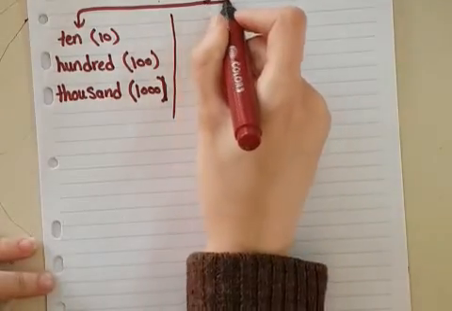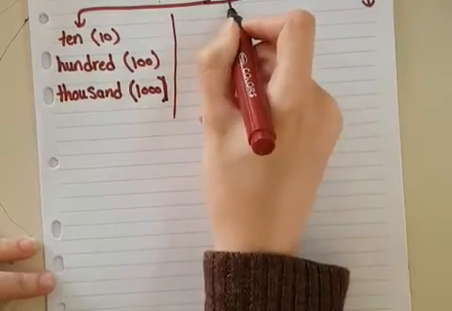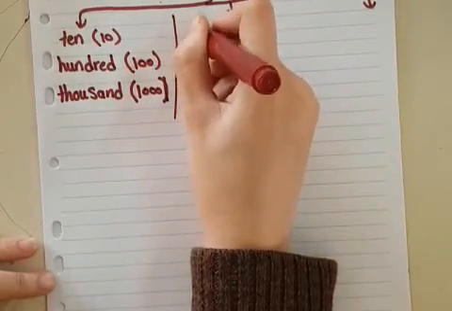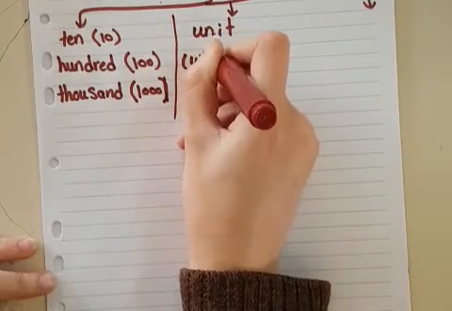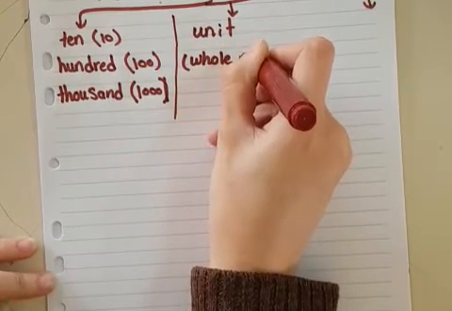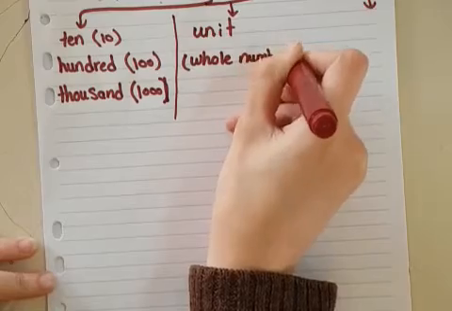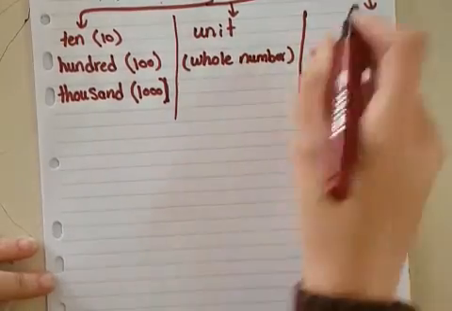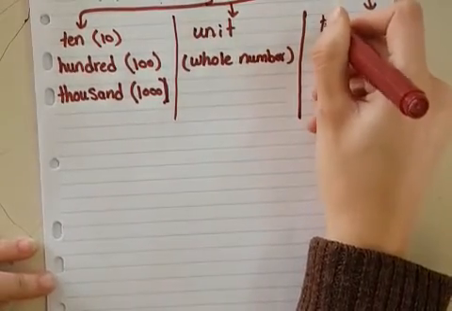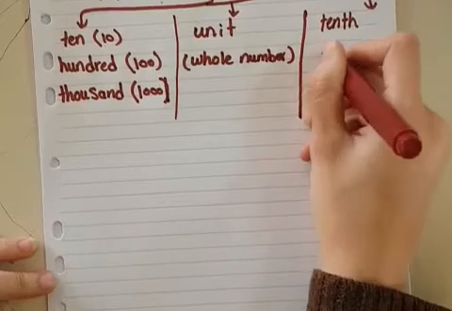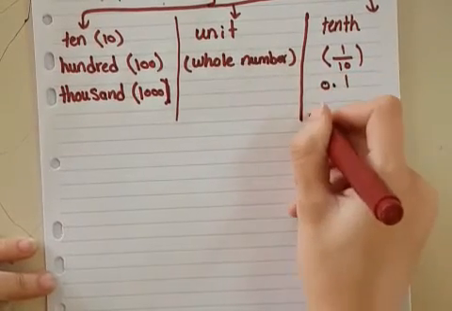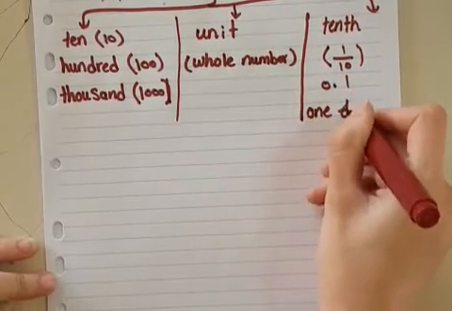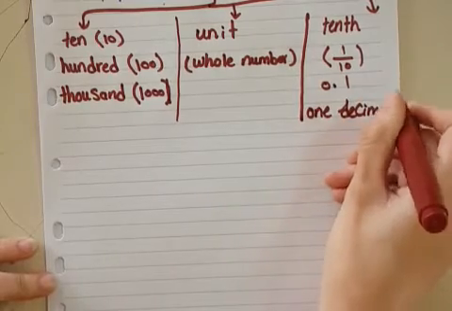And we also have another type, which is approximation to the nearest unit, which is approximation to the nearest whole number. And we also have approximation to the nearest tenth. It has another name, 1/10, or 0.1, or 1 decimal place.